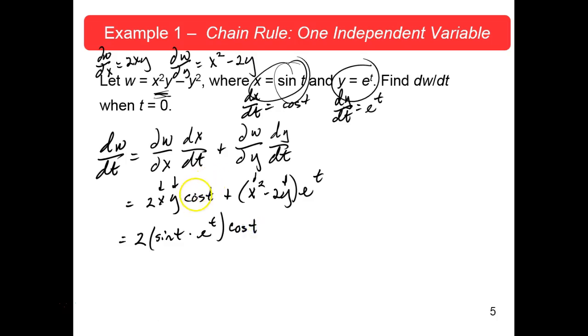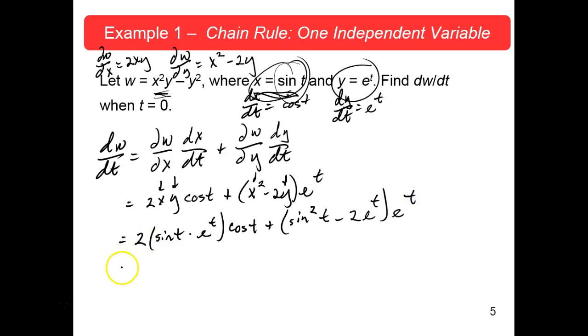Plus sine t squared, sine squared t, minus 2e to the t times e to the t.